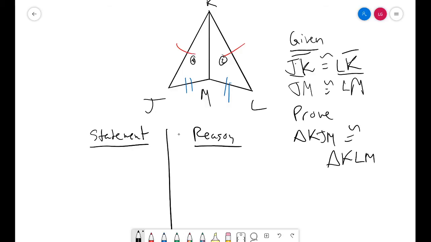Side, angle, side seems a little tricky here. We don't have any information about the angles. They don't seem to relate in any obvious ways, because we're not told, for example, that KM is a bisector. Even if we were, that would be the exterior angle. So we're really thinking about the angles KJM and KLM, that pair.